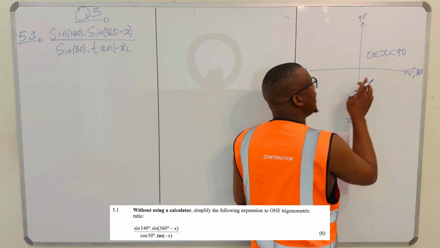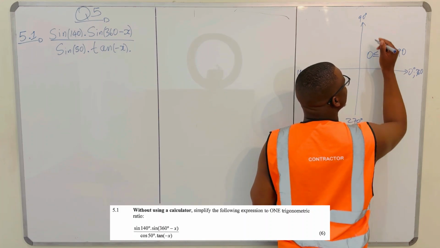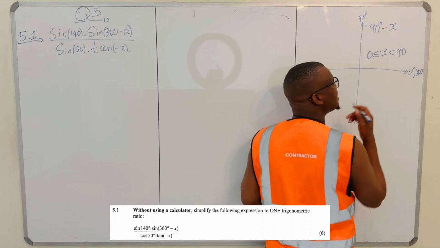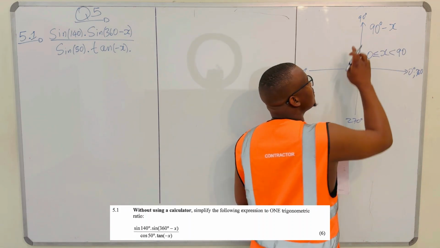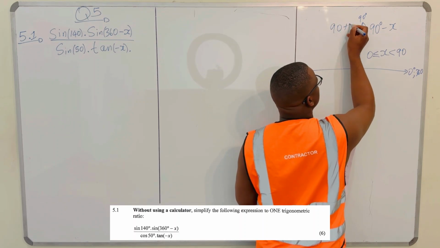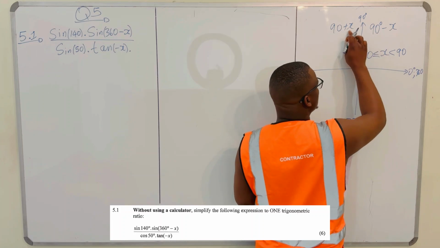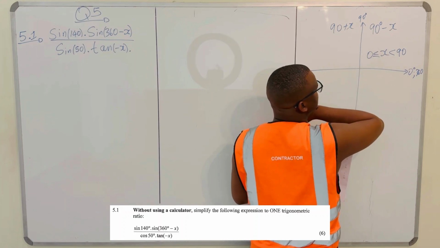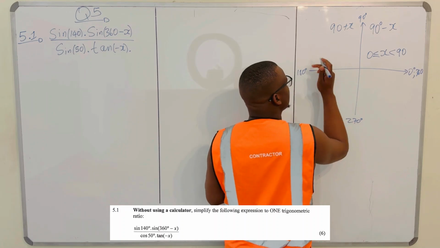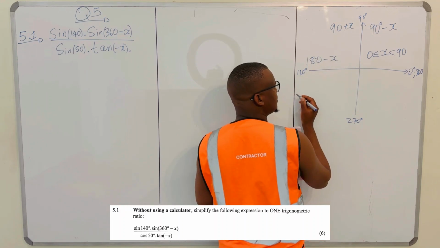Another way you can write this, you can say, if your x is here, the angles here are 90 degrees minus x, which is less than 90. On this side, the angles are greater than 90 degrees, because if you add any value in this interval, it will fall here. And here, these angles are less than 180 degrees.